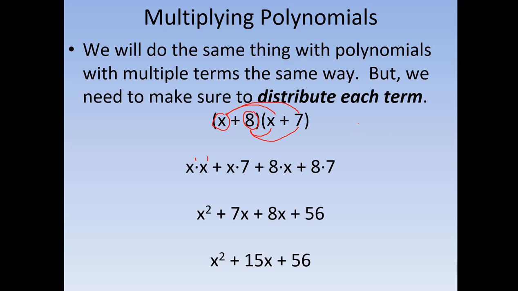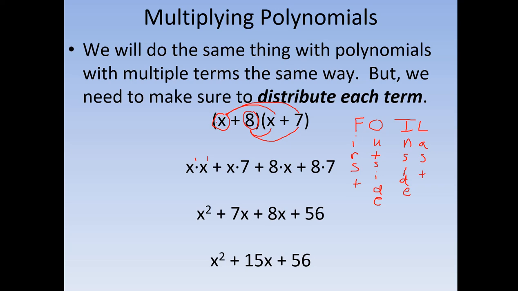When you have two binomials like this, there's a certain method that you might hear some other people mention. It's called the FOIL method. It stands for first, outside, inside, and then last.